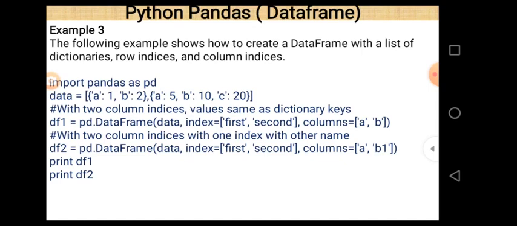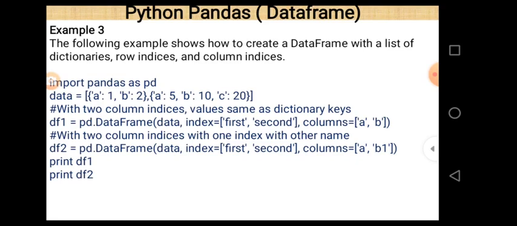Now in this case first and second are the names of the index. By default it starts from 0, and the column names are a and b, mentioned here.